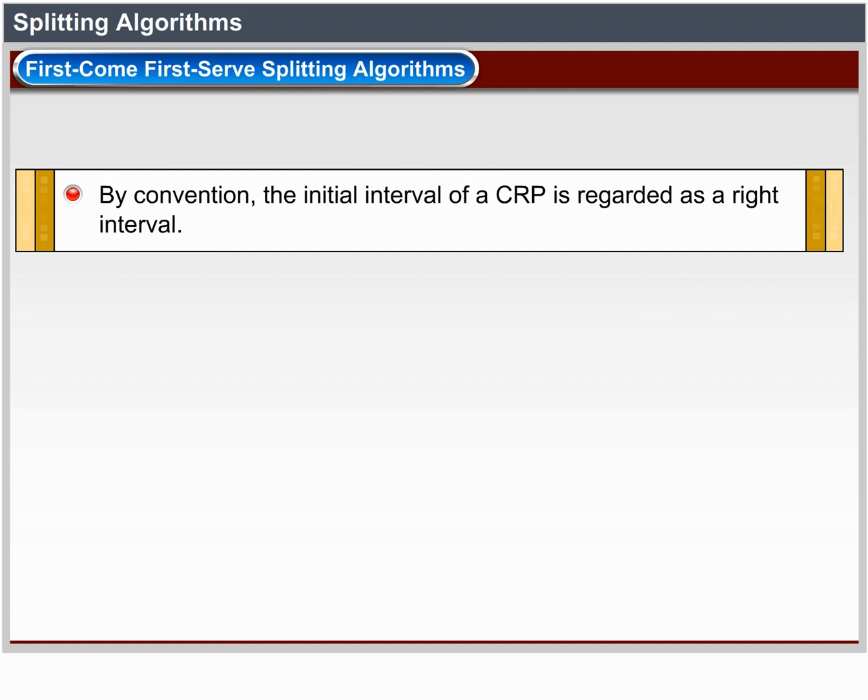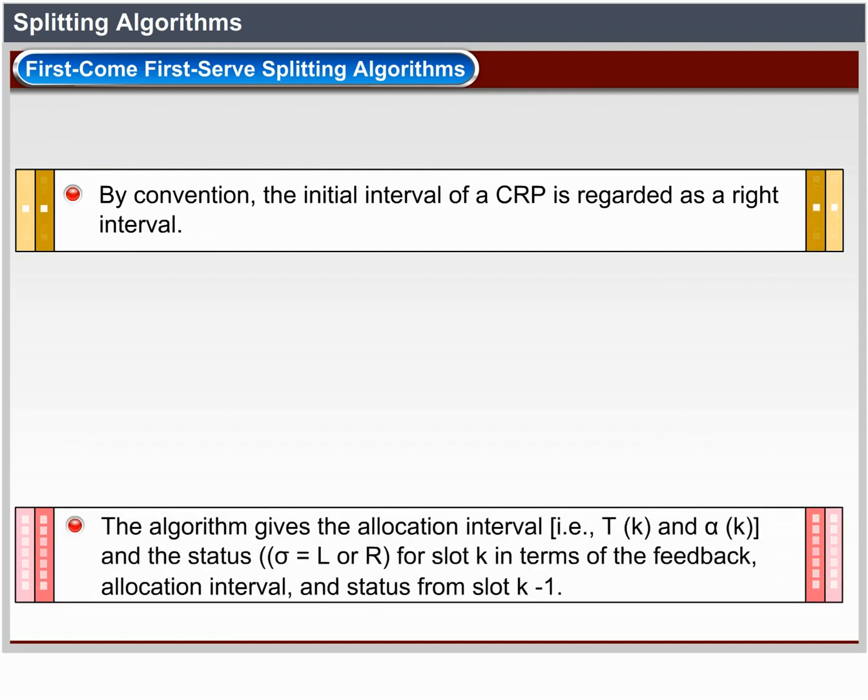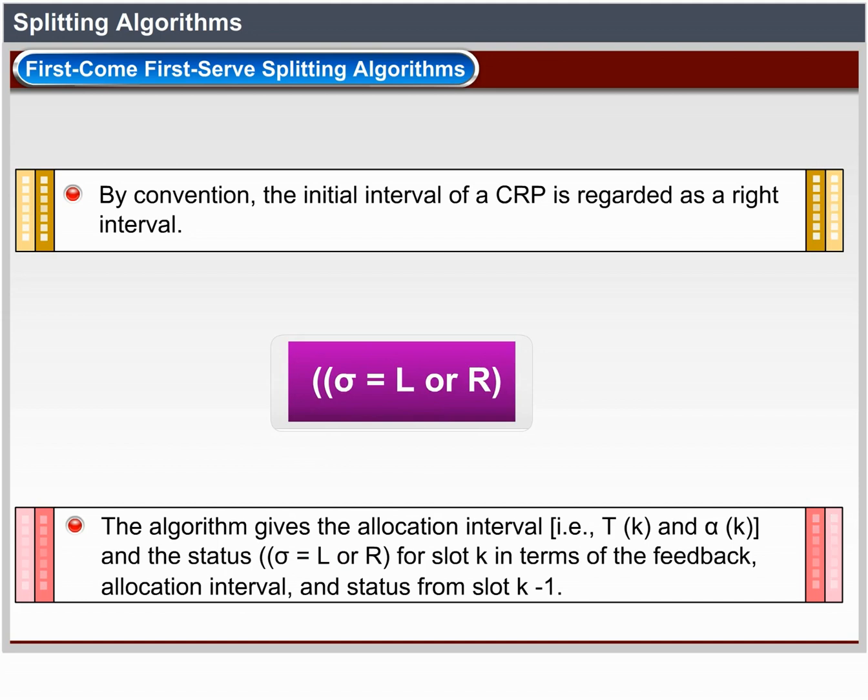The algorithm gives the allocation interval, that is, T of k and alpha of k, and the status sigma of k, equal to L or R, for a slot k in terms of the feedback, allocation interval, and status from slot k-1.